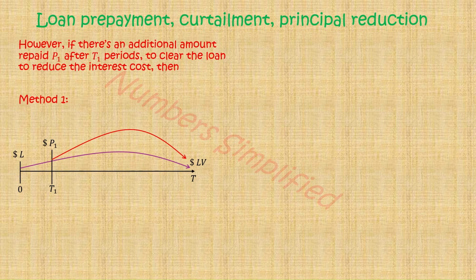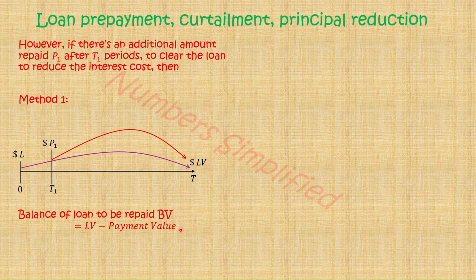So meaning that the balance of the loan to be repaid, let's call it BV, is going to be LV, which is the original value of the loan at the period when it is due, minus the payment value. So the payment value comes from the payment we made in between the periods, P1, which is going to accumulate some interest so that we get the balance of the loan being less than that which it was supposed to be.